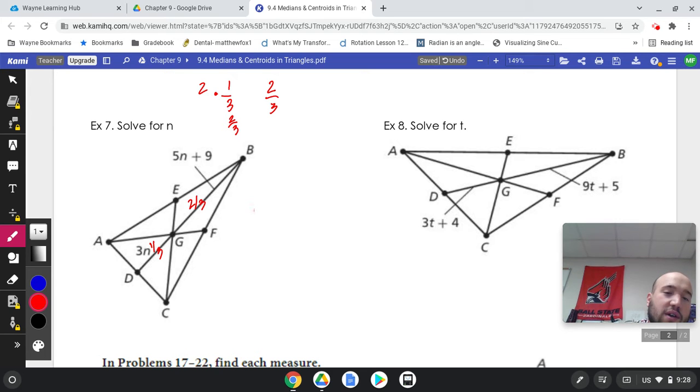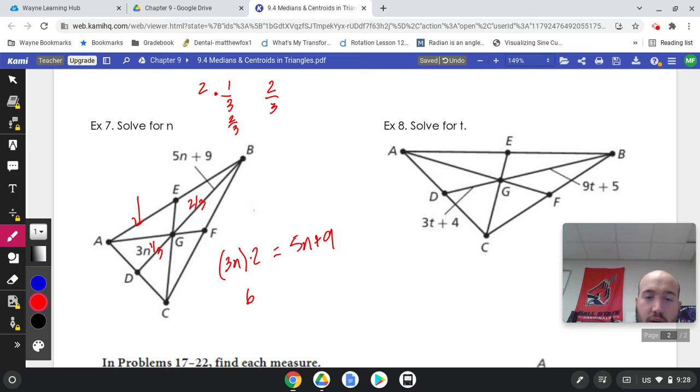So if I multiply this small one by 2, so 3n times 2, that will equal 5n plus 9. I'll get 6n equals 5n plus 9. Subtract the 5n, and we'll get n equals 9.